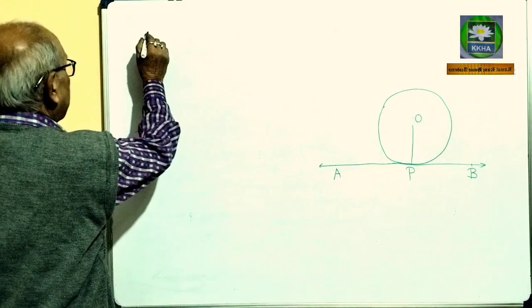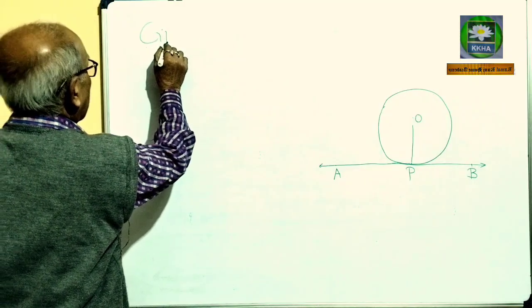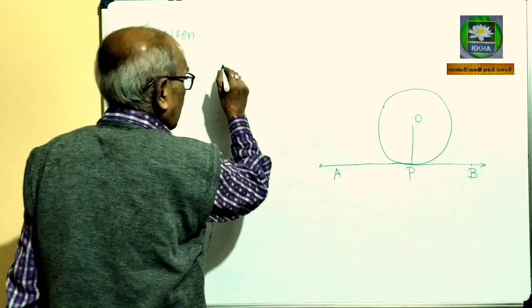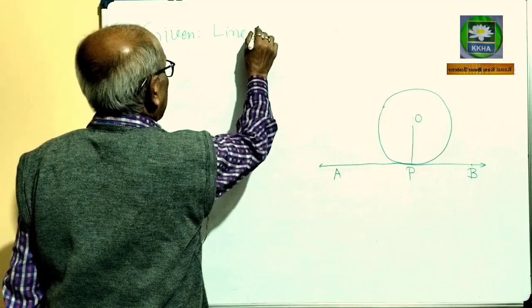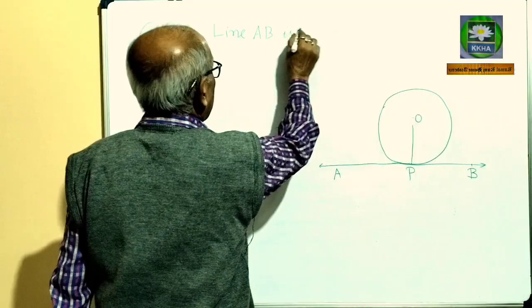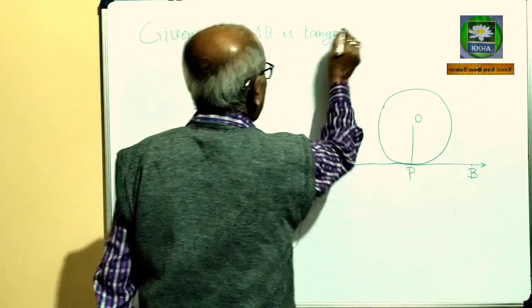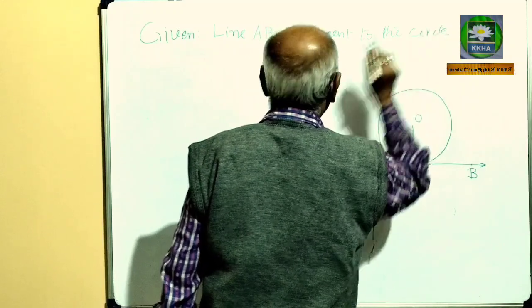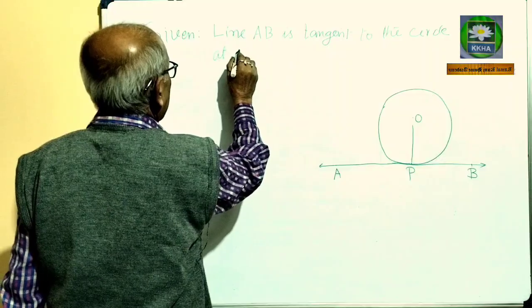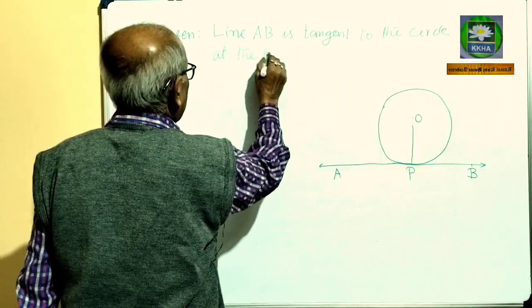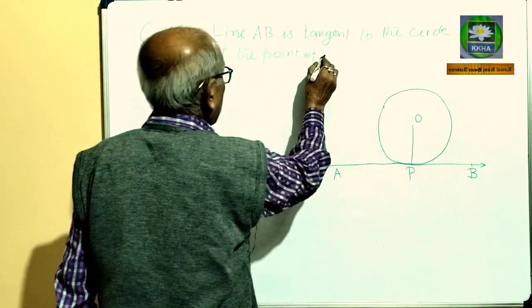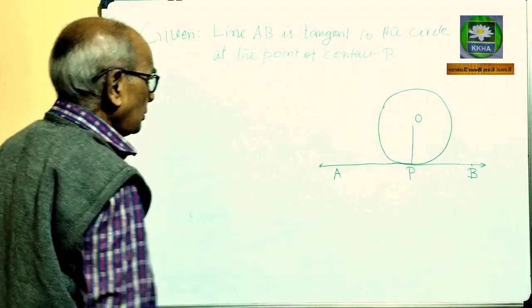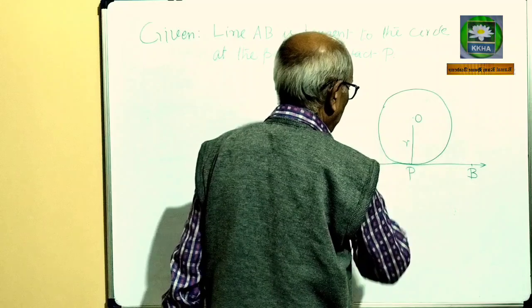What is given here? It is given line AB is tangent to the circle at the point of contact P. OP is the radius of the circle.